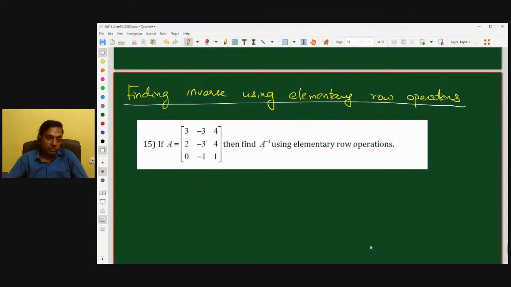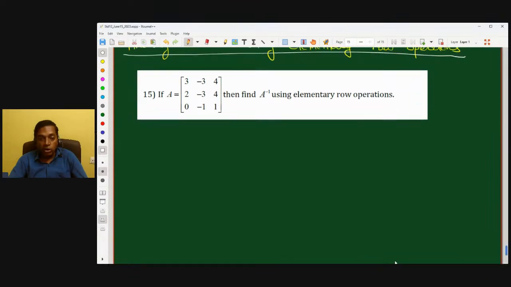I will do this question. If A is equal to, then find. If you know it already, if you have learned the online lesson and you can do it, then you can solve it yourself, but you don't have to submit the answer.